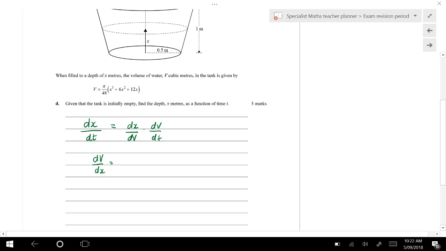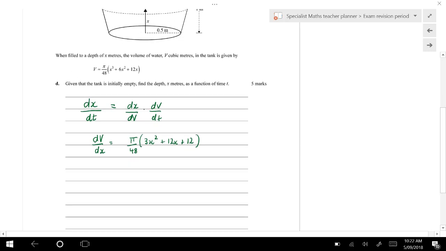We can do that quite comfortably. dv dx, I'm going to differentiate everything inside there, which is 3x squared plus 12x plus 12. And then I've got a pi on 48 at the front. But I think we can simplify that a bit. Let's bring 3 out the front. 3 pi on 48, that's x squared plus 4x plus 4, which is pi on 16.